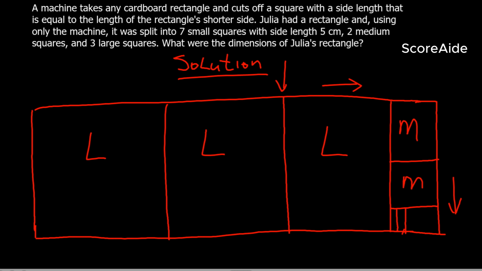So we are just going to cut this 1, 2, 3, and 1, 2, 3, 4, 5, and 1, 2, 3, 4, 5. So let's say these are 7 small squares, right?